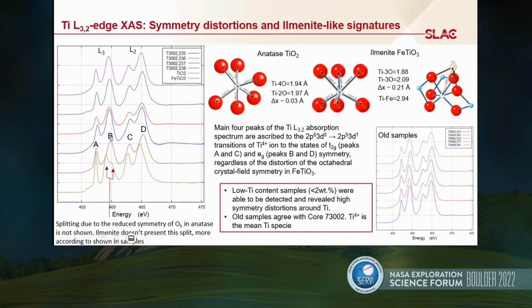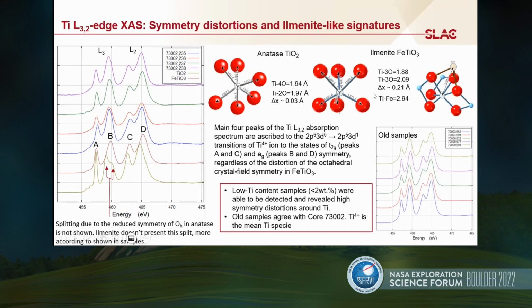But we have a very interesting feature here in peak B: in our 73002 samples, we don't have this split. This split is related to reduced symmetry.